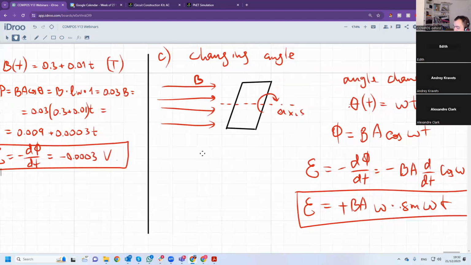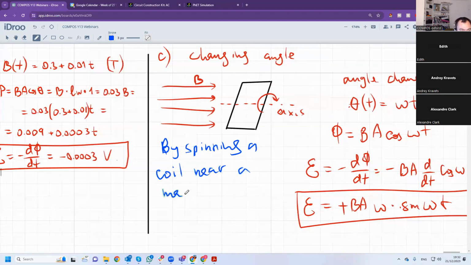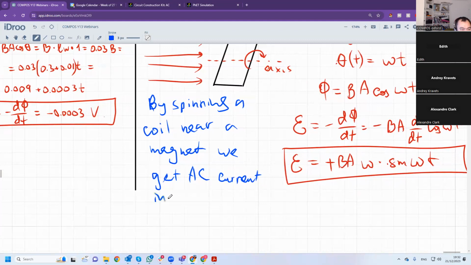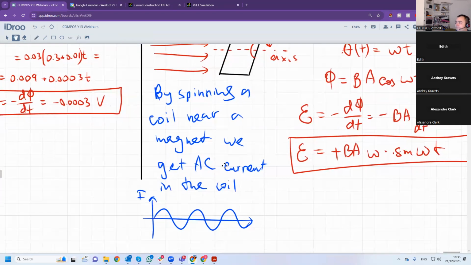So by spinning a coil near a magnet, we get AC current in the coil, and the current in the coil goes like this.